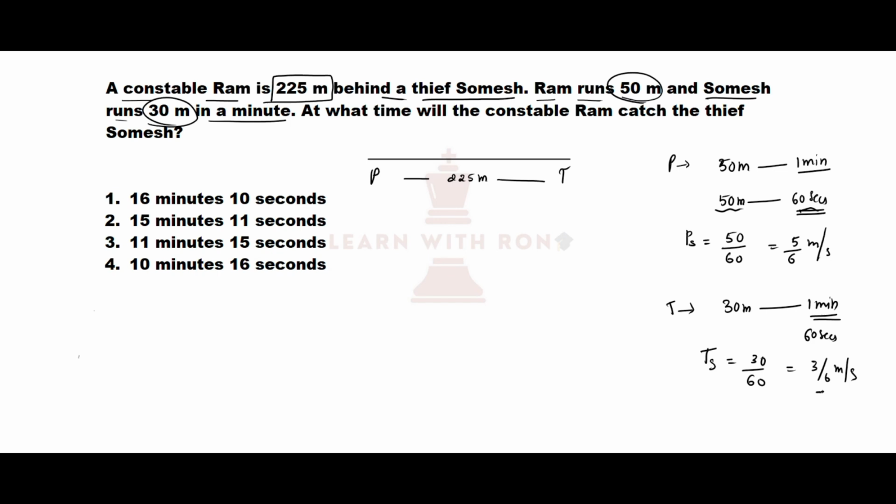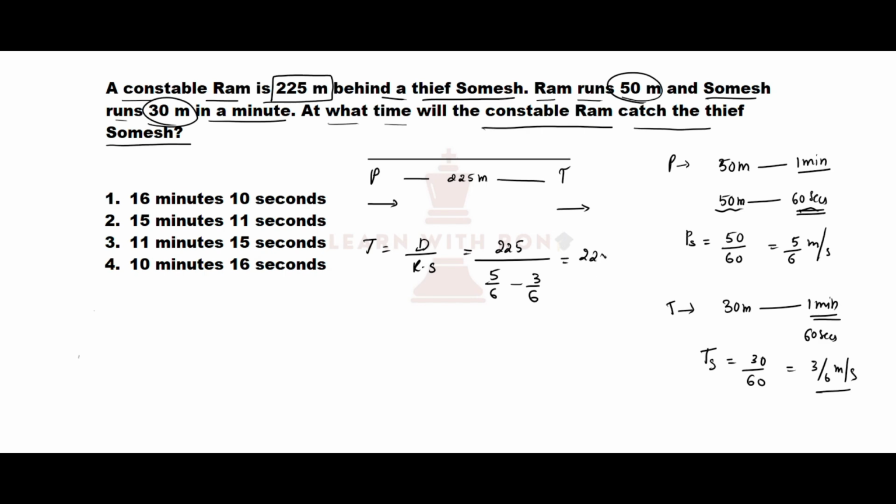Now they asked us to find in what time the constable Ram will catch the thief Somesh. Simply we know that time is equal to distance by relative speed, right? Both are traveling in the same direction. So what is the distance the police have to cover? 225 meters. Relative speed, speed of the police minus speed of the thief, which is 5 by 6 minus 3 by 6, means 2 by 6, you will get 1 by 3.